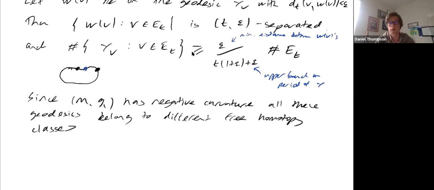This is, I guess, a big fact, but it's kind of general knowledge. If you're in negative curvature, each homotopy class is indexed by an element of the fundamental group, and there's a unique closed geodesic in there. So the different geodesics are benchmarked by the topology.